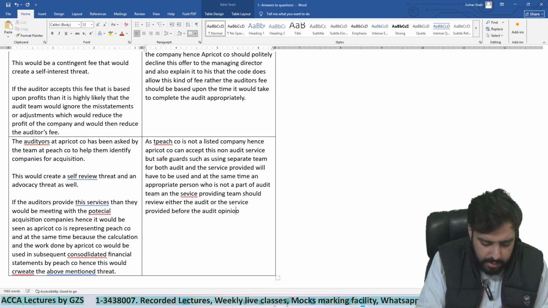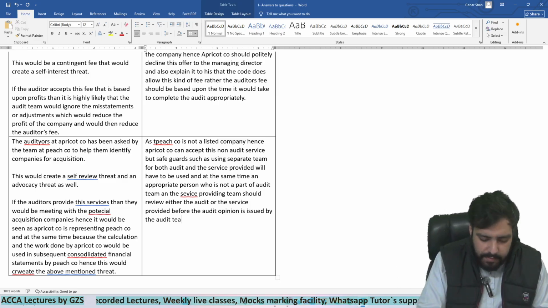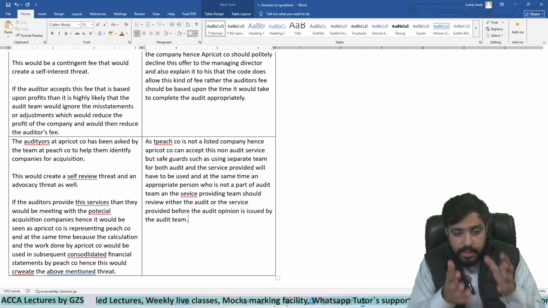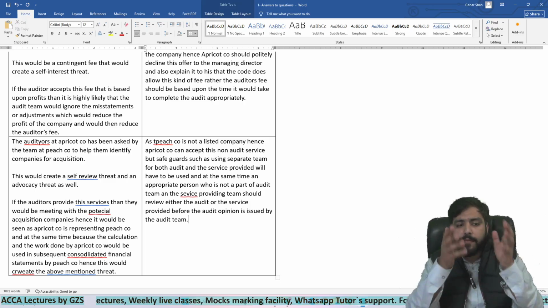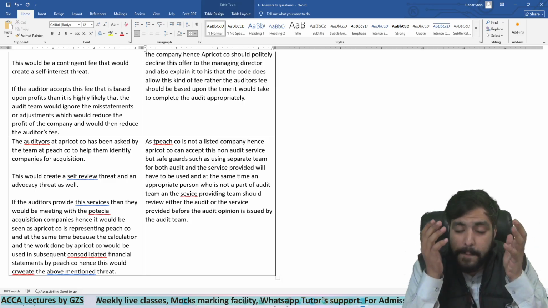Audit opinion is issued by the audit team. That is the appropriate safeguard that I've given to the audit team: you should do these things if you want to provide this service to this audit client of ours, which is Peach Corporation.